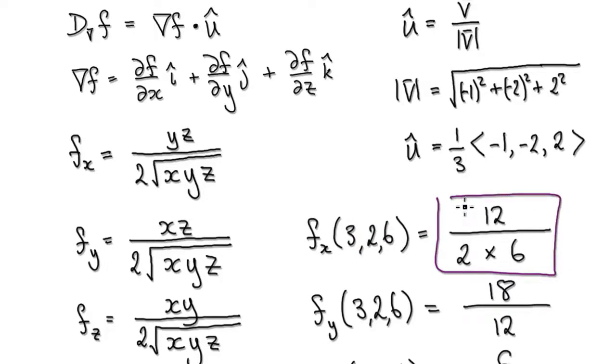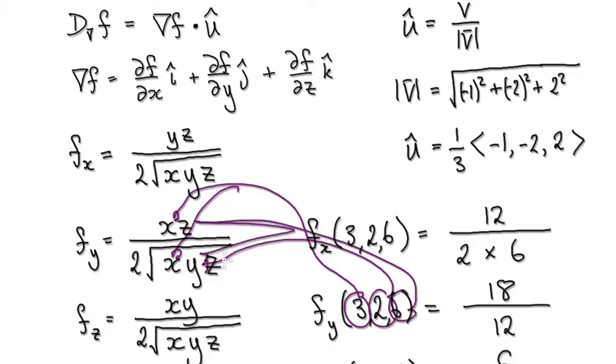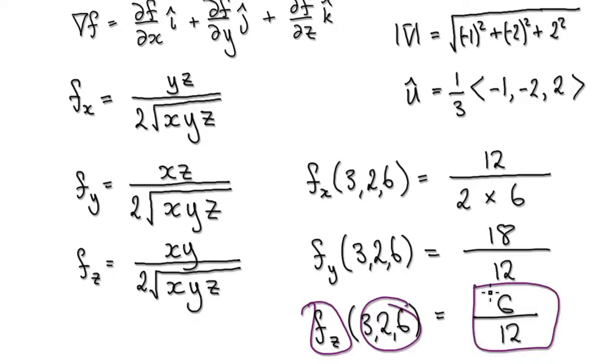And then you would put this into the x here, this into the y, and this into the z. That would then give you this thing here, and then at this particular point, fz would be this.